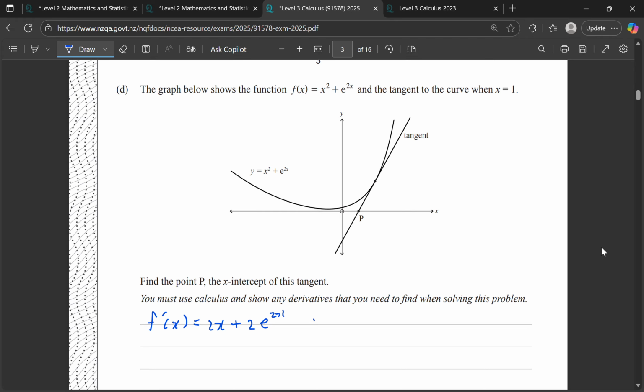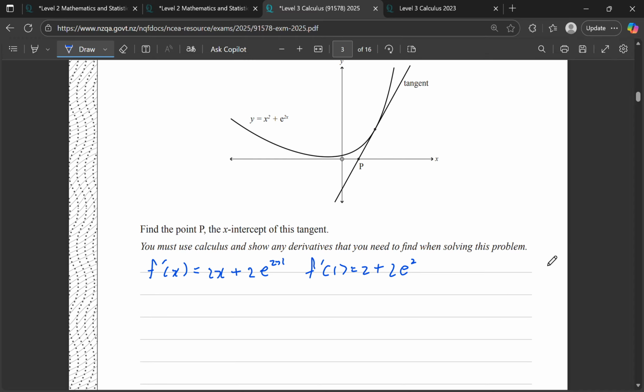Then when x is 1, so f prime 1 becomes 2 plus 2e squared, isn't it? So that's the gradient of the tangent, right? I'm not gonna change that to decimal. I will just leave it. So that's the gradient.